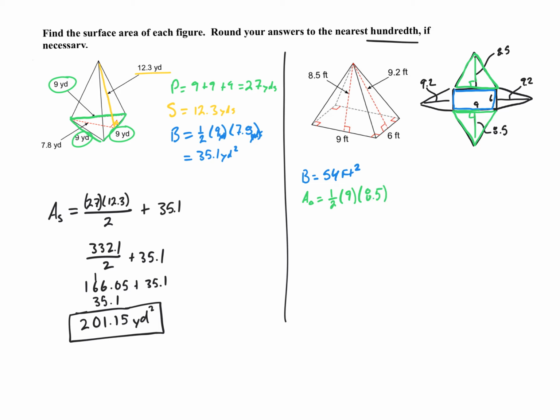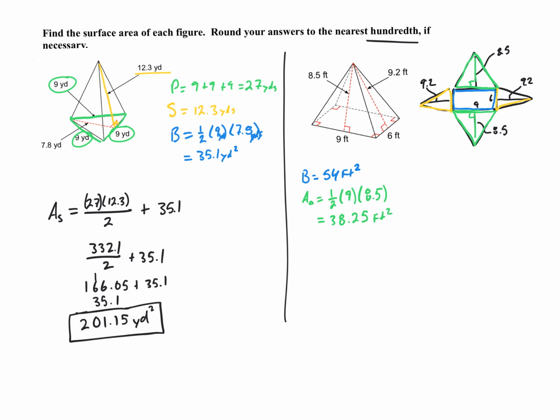So I plugged in my calculator 1/2 times 9 times 8.5, and I get 38.25. And again, since it's feet times feet, it would be feet squared. Next, we're going to do the other triangles.